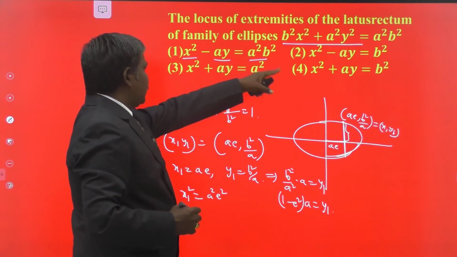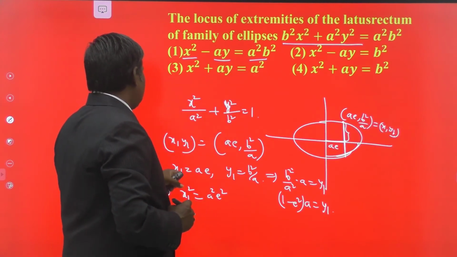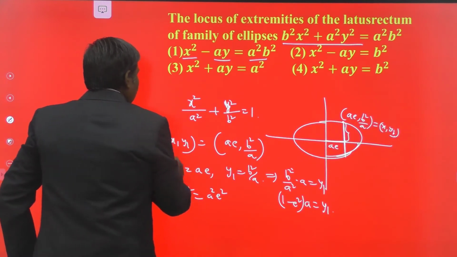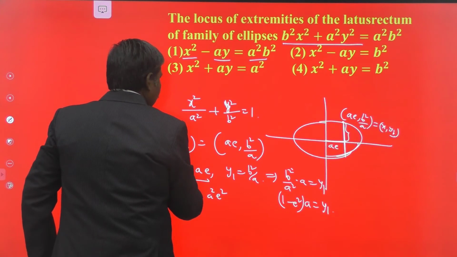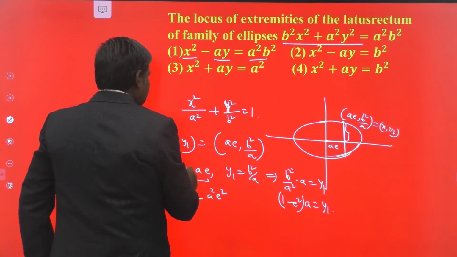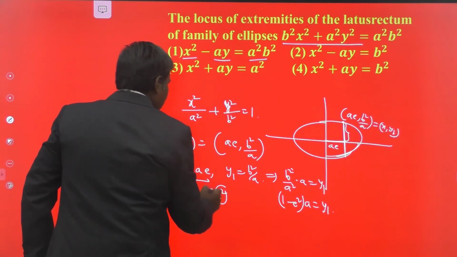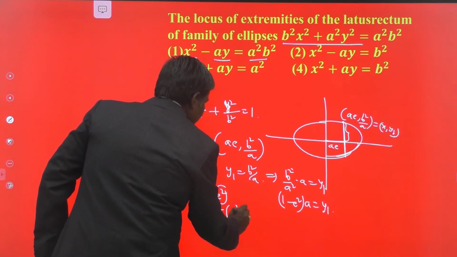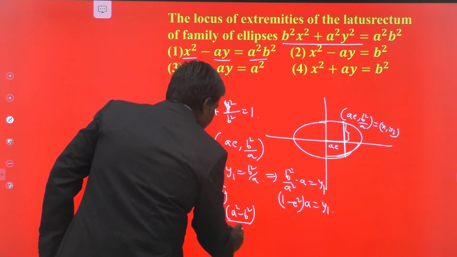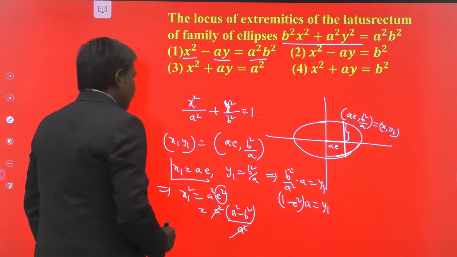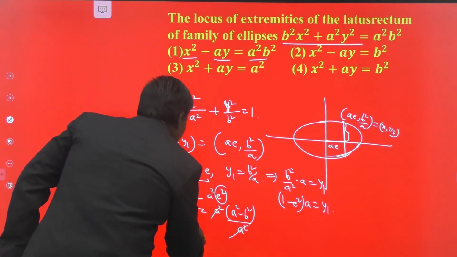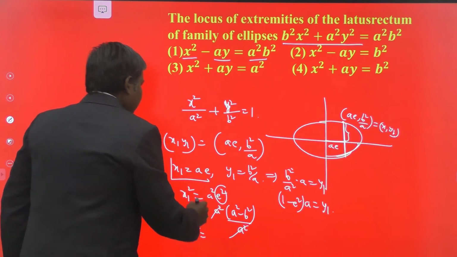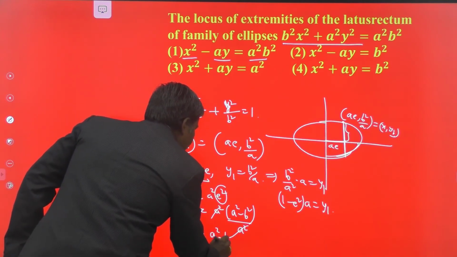b square is also there in your options. y square is not there. So you have to eliminate e. So instead of e you can write a square into a square minus b square by a square. a square gets cancelled. x1 square is equal to a square minus b square.